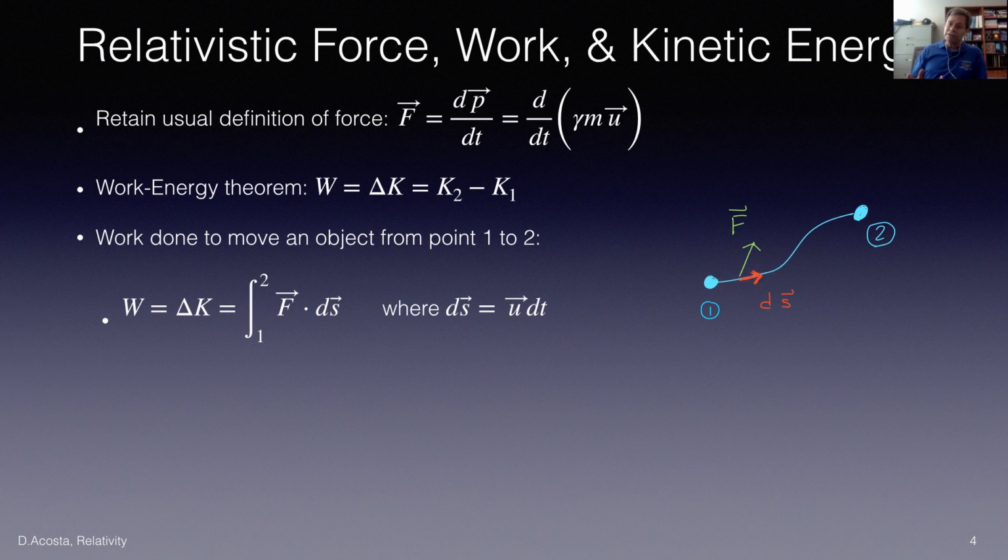Now ds itself, that infinitesimal length, can be thought of as the velocity times an infinitesimal time. Velocity is dx/dt, in the x direction anyway, so dx/dt times dt is just dx. So this ds, this arbitrary infinitesimal length in whatever curved direction we're going, is the velocity at that point times dt.